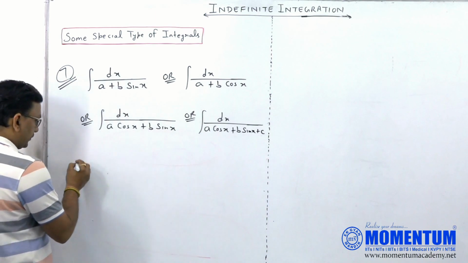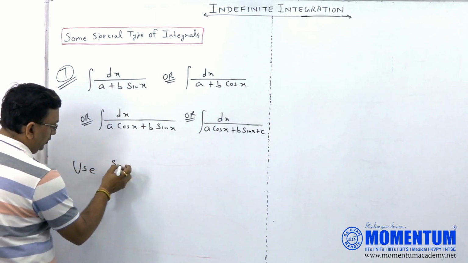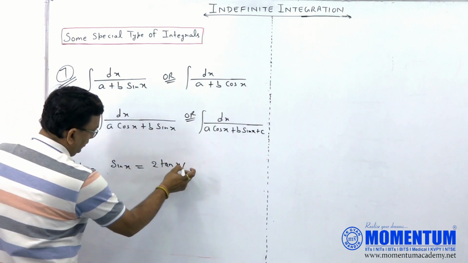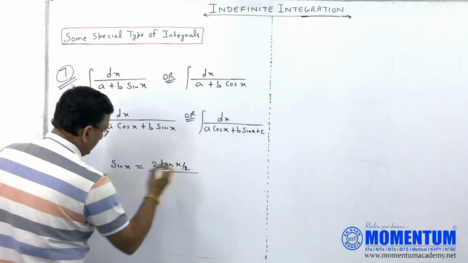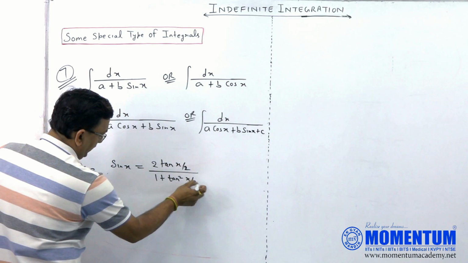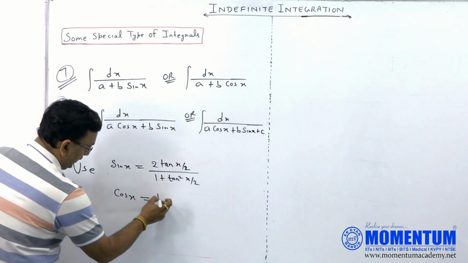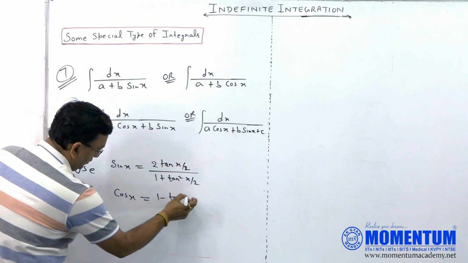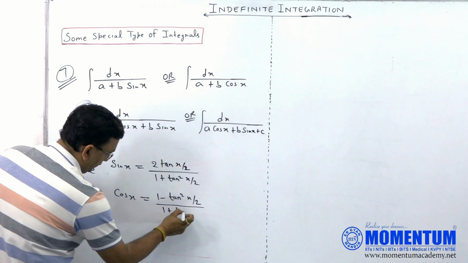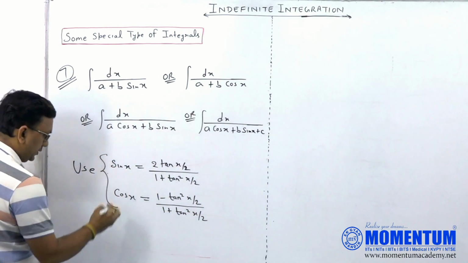What will we do? We will use the formula of sine and cos in terms of tan x by 2. Sine of x is 2 tan x by 2 divided by 1 plus tan square x by 2. Cos of x is 1 minus tan square x by 2 divided by 1 plus tan square x by 2.